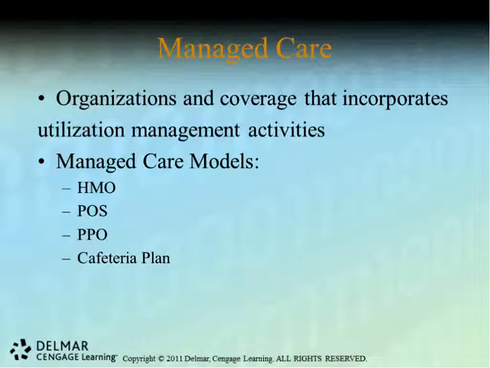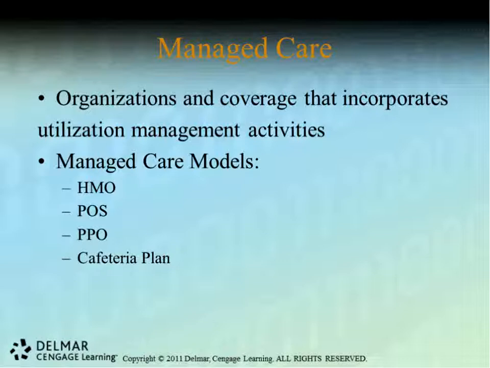Your PPO is a physician network, and in the hospital they all come together and contract with the insurance company or the employer or some other organization and say they're going to give health care to this particular population of patients. You have a cafeteria plan, where the subscriber or the employee can have choices on which type of plan they would like. Just like in a cafeteria, I want this and I want that.